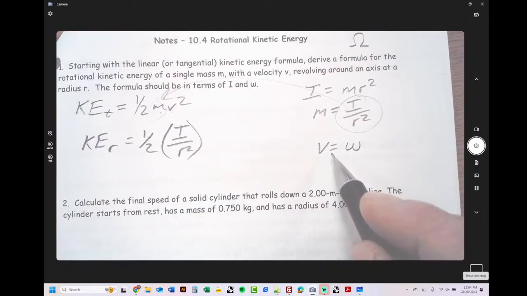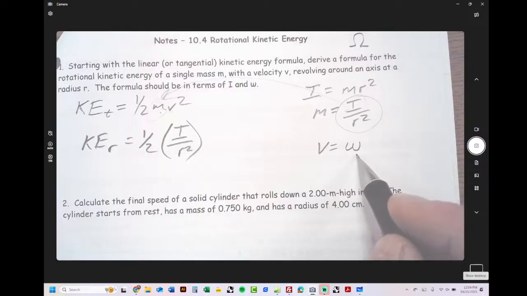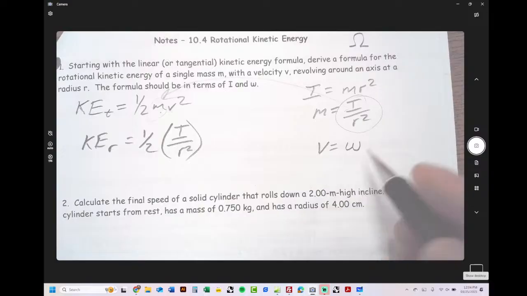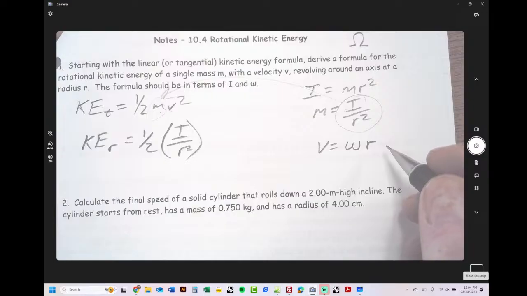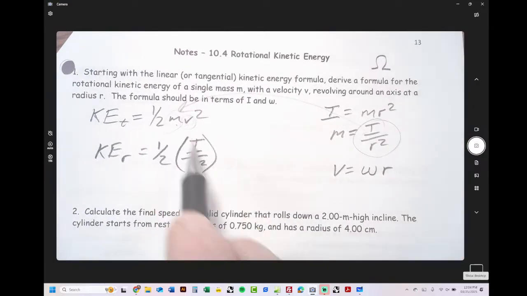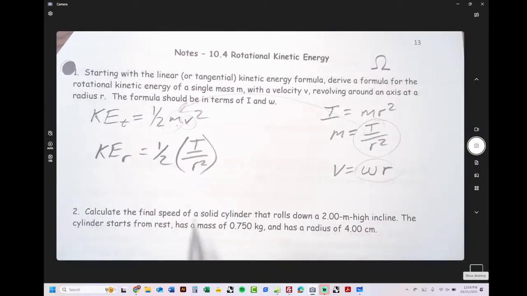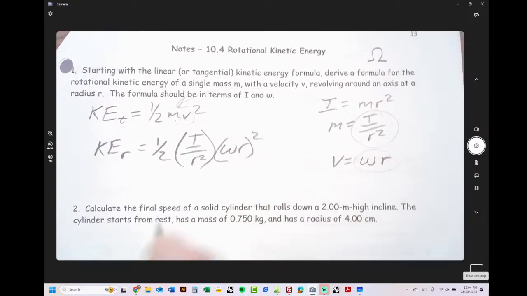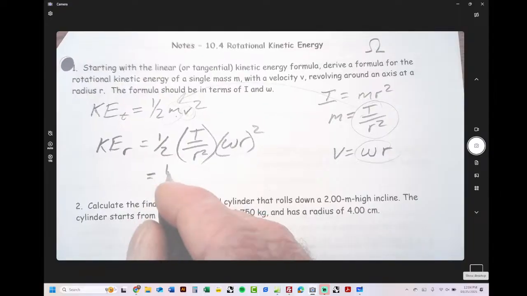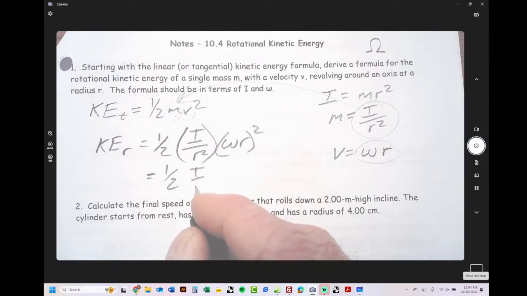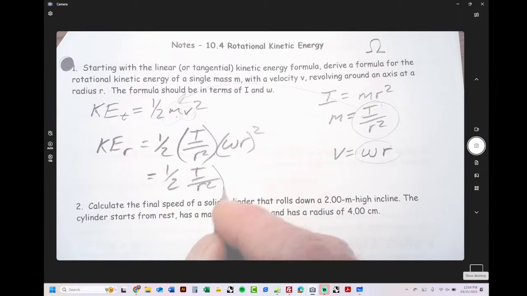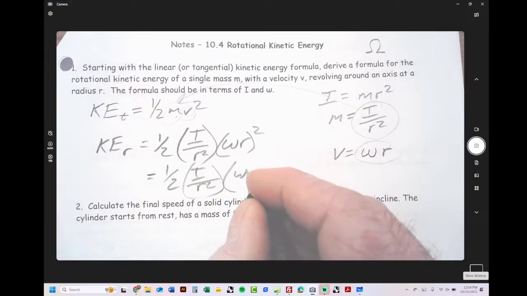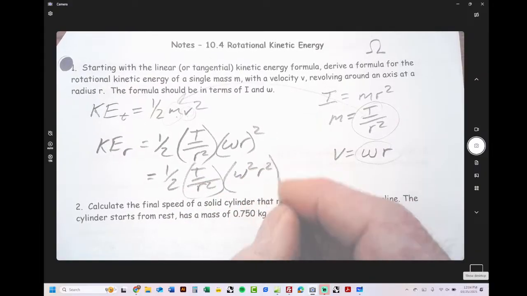So anyway, is this true? V equals omega r. So instead of v right there, I'm going to put in omega r. So I have omega r squared, and I'll do a little bit more with it. 1/2 times I over r squared times omega squared, r squared.